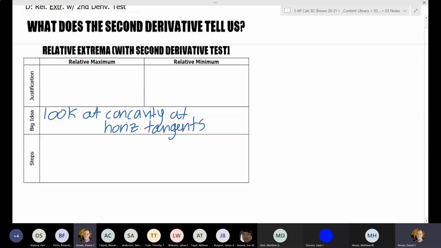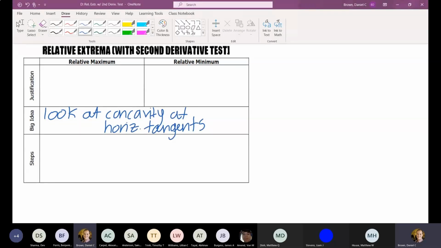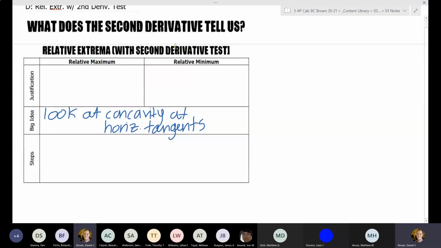And so the second derivative test does have less cases you can use it because it doesn't work when your first derivative is undefined. It only works when your first derivative is equal to 0.